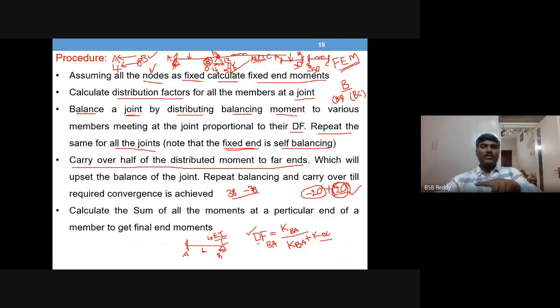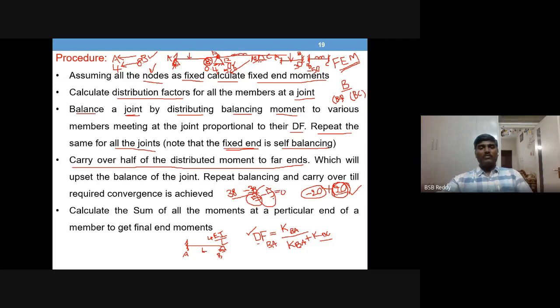Then, when you balance the other joint, half of the value is carried to the far end, and this again disturbs the balance of joint B. So 5 is disturbing this balance. So you have to make it 0 again by adding minus 5 to this. Now it is 0.